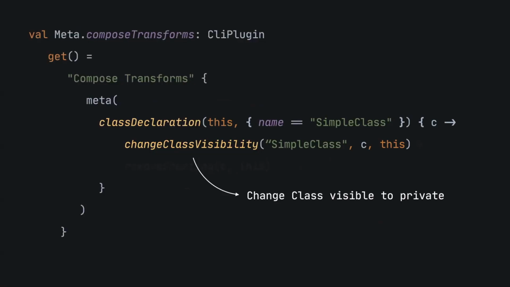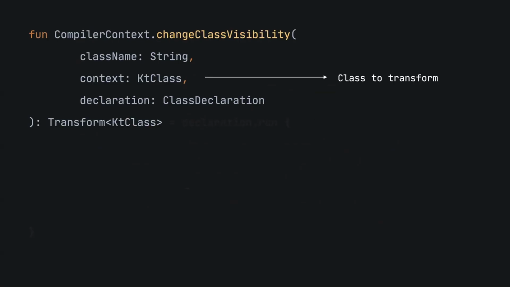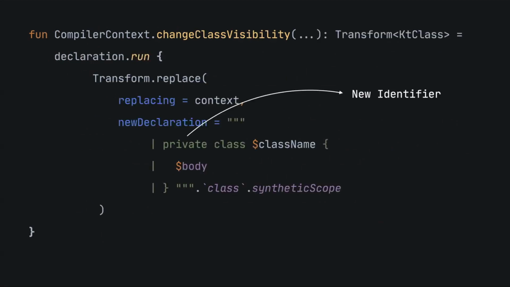One is to change the visibility. The way I'm going to do that is by creating this class declaration. It takes in the class that I found, KT class, and it takes in the declaration of that class. I want to use this information to transform it. In order to do that, I'm going to do a replace transformation, and this will be my new declaration here.